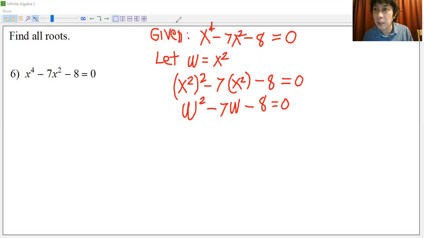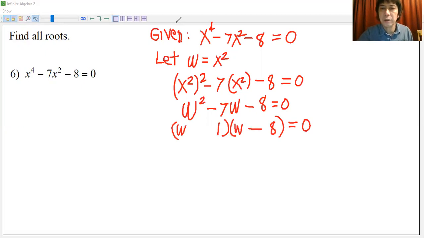That would be 8 and 1. Okay, 8 times 1 is 8. So the factors are w and w, 8 and 1. All right, this is negative, this is positive. That should be the right factors. Product is negative 8.